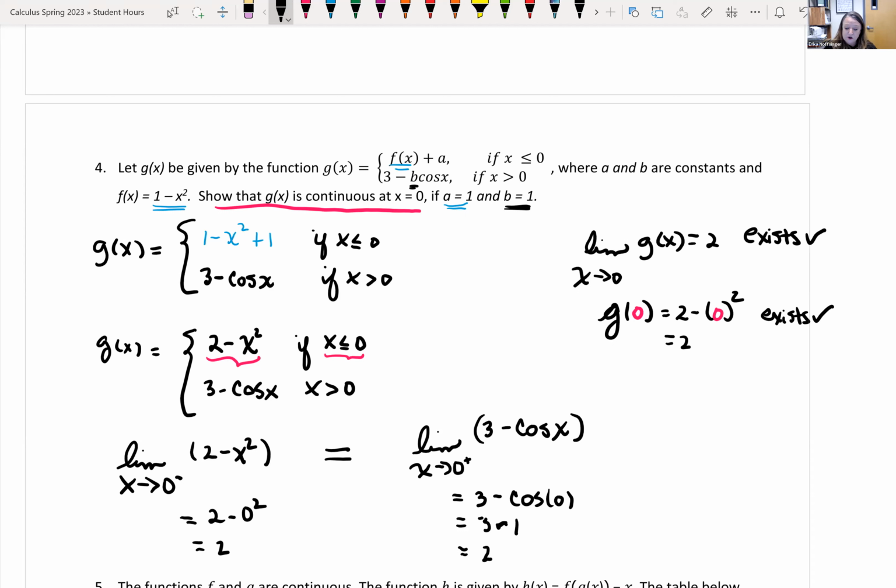And the last thing that needs to hold in order to be continuous there is that the limit also has to equal g of that value that we're looking at the limit, which it does. The limit as x approaches 0 of g of x does equal g of 0. So those three conditions hold. Therefore, g of x is continuous at x equals 0.